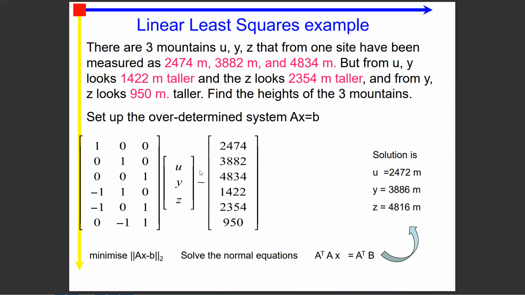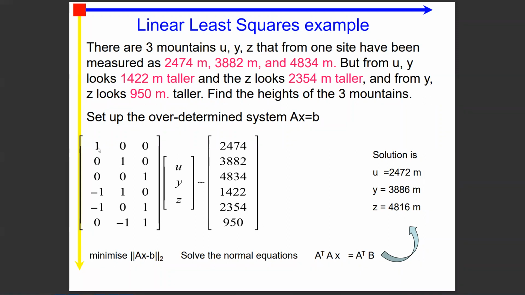To do that, we can write a matrix system like this. The first equation says that u equals 2474. So I have here 1 times u equals 2474, 0 times y equals this. Therefore, everything else is not being considered.